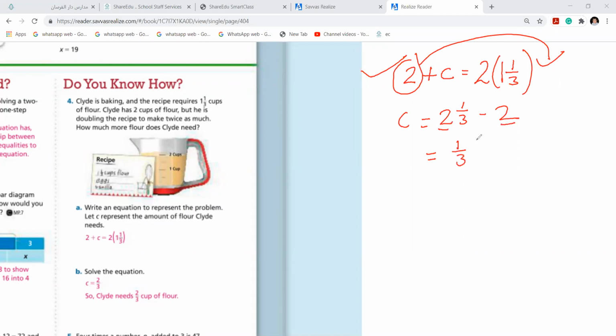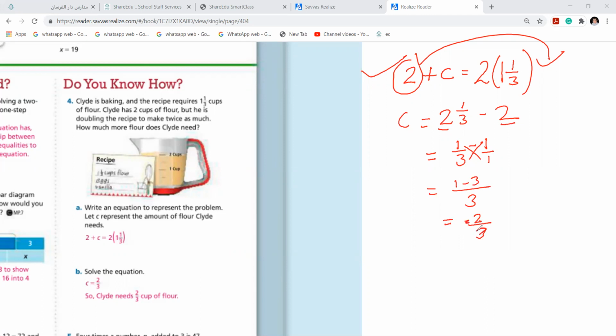You know 2 minus 2 is nothing but 0. It's cross multiplication. That is 2 over 3. I'm not considering the minus here.